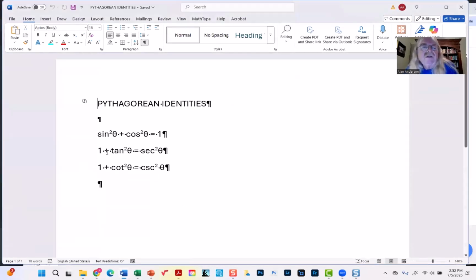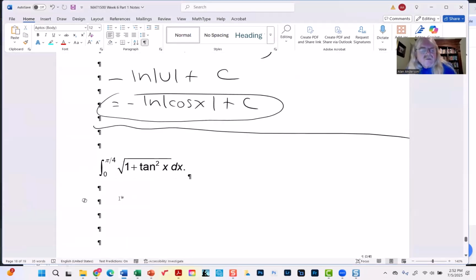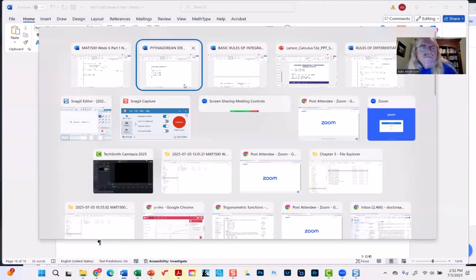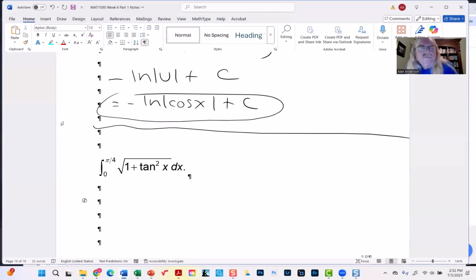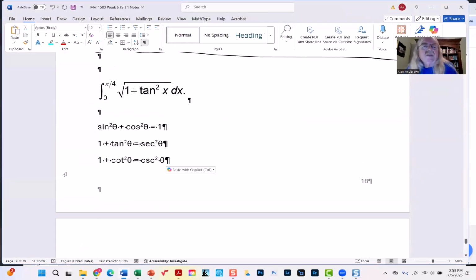So here they are right here. I'm just going to copy them all, and we can see if we have one of them in our integral. And yes, we do. You can see that this is the one we needed.